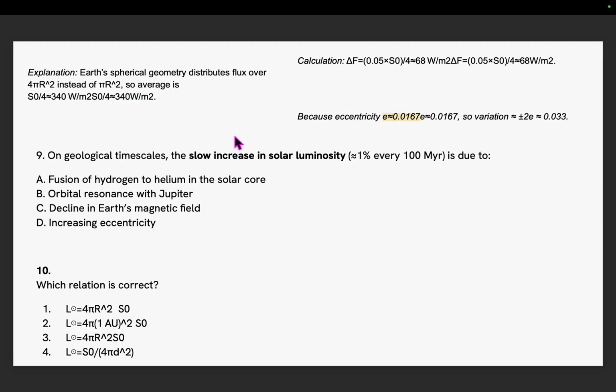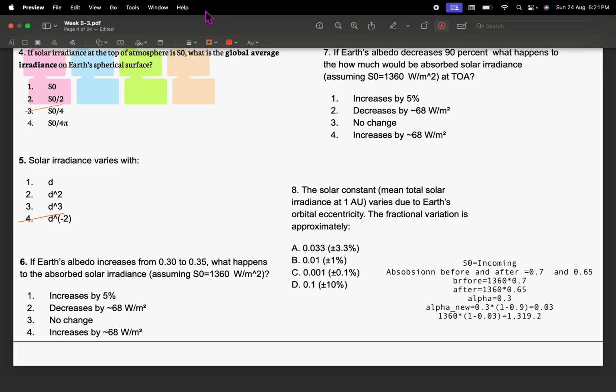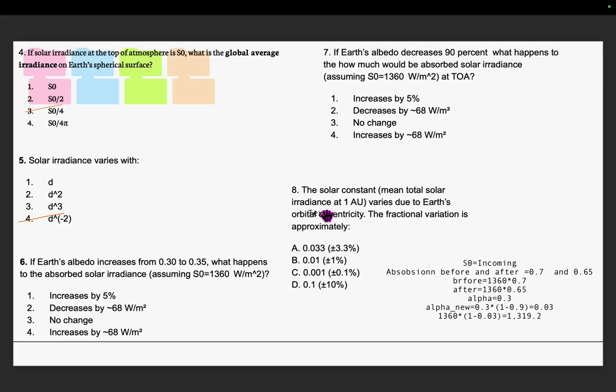I guess there was an error in this question. Suppose the Earth's eccentricity is given. The solar constant varies due to Earth's orbital eccentricity. The fractional variation comes approximately in the order of plus minus 2e, that is about 0.033 or 3.3%. Question 8, option A is correct.